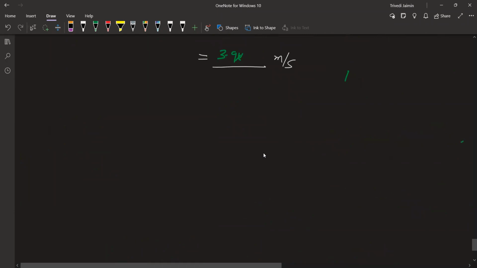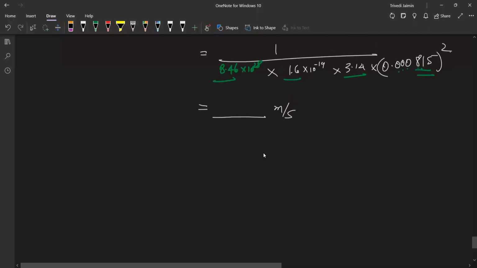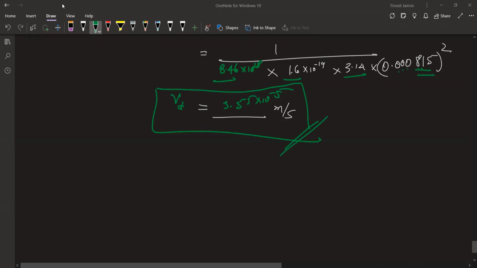So the answer is 3.55 into 10 to the power minus 5. Don't make such a long division, okay? Make it nearby.